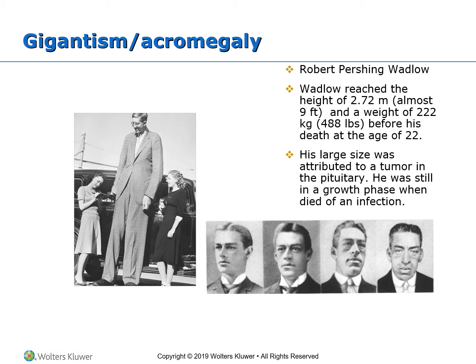While if it happens in an adult that already reached the maturation and is not growing anymore, but at a certain point the tumor will develop and will start overproducing growth hormones, what happens is what you see in the right side of your screen. In the picture, you see a series of pictures of the same individual throughout different stages of what is called acromegaly.